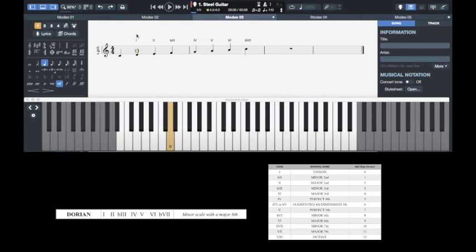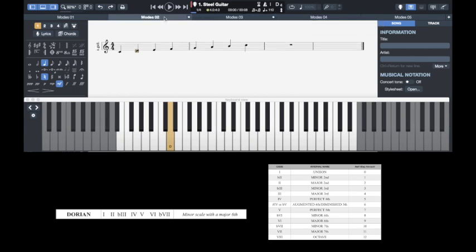So we say that the Dorian scale is the second mode of the major scale, since the code occurs if we analyze from the second step of the major scale. So thereby Dorian mode is the second mode of the major scale. And we may then continue.